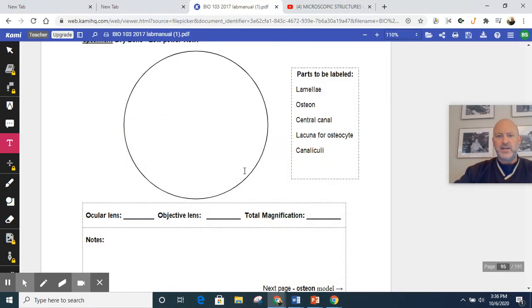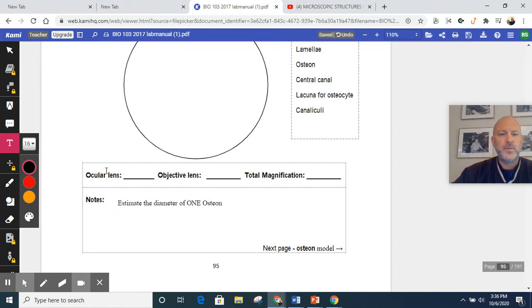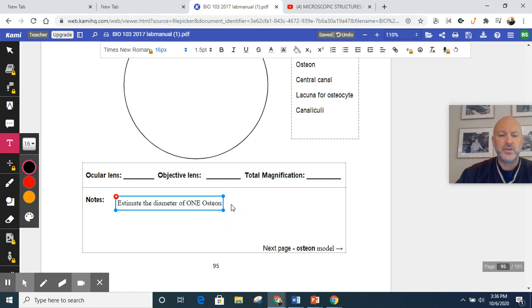When that is done, in your notes section, what I want you to do is estimate the diameter of one osteon. Remember, your estimation is going to be in micrometers, right? Micrometers.